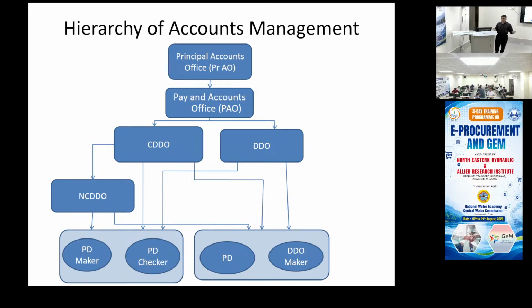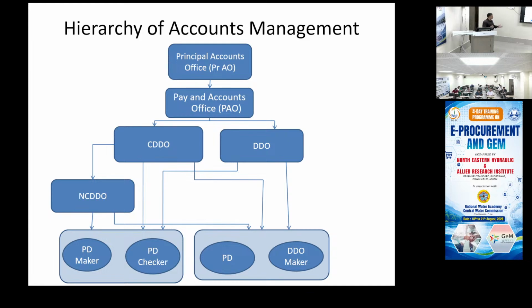Any government employee who is registered with PFMS can generate a claim on PFMS. So I am a claimant, you are a claimant, the DDO himself can be a claimant. The PAO himself can be a claimant. So at the base is the claimant level, which covers all the government employees.